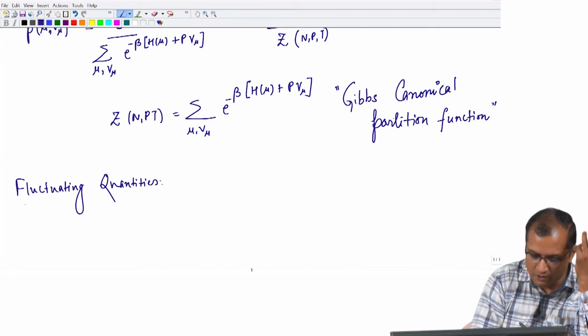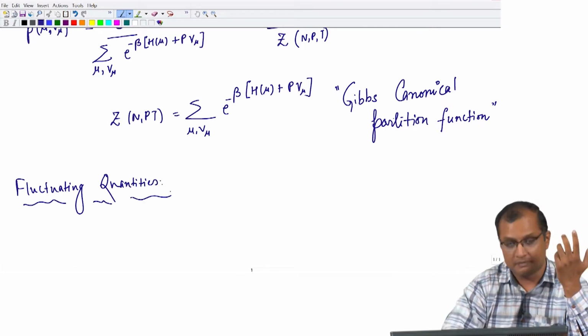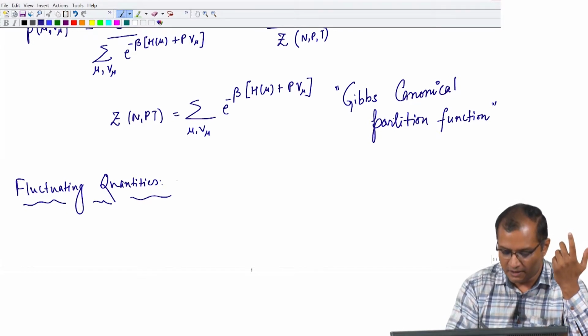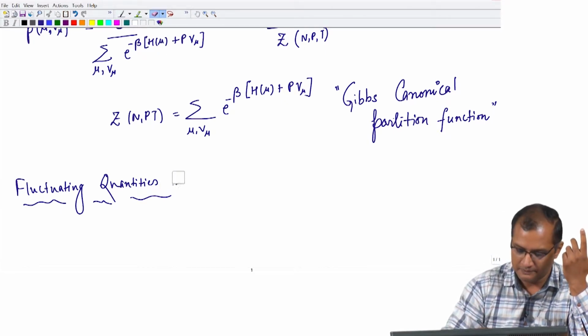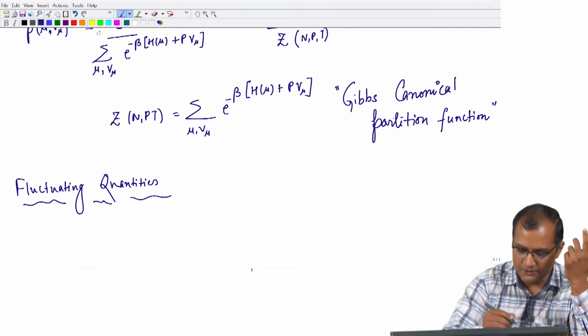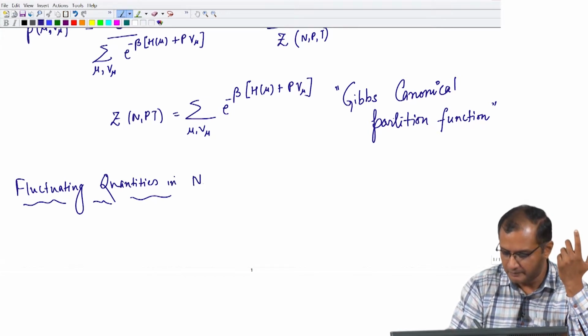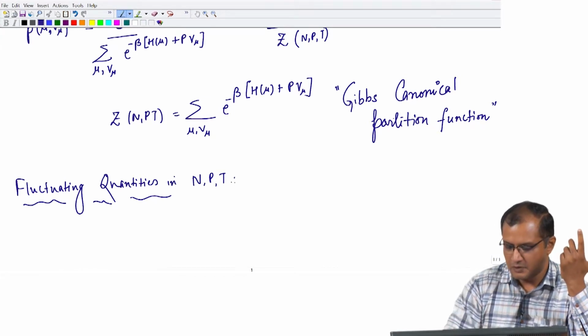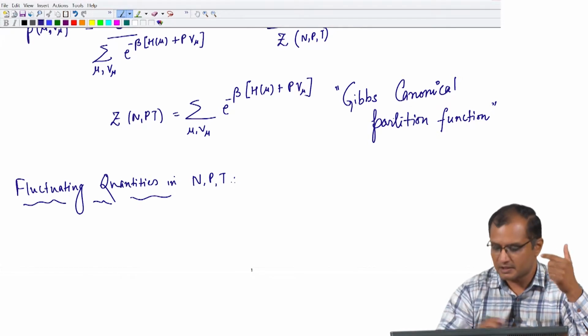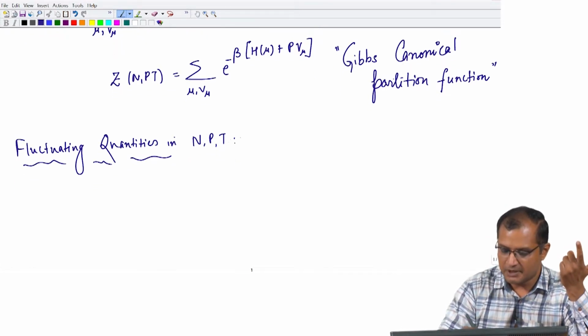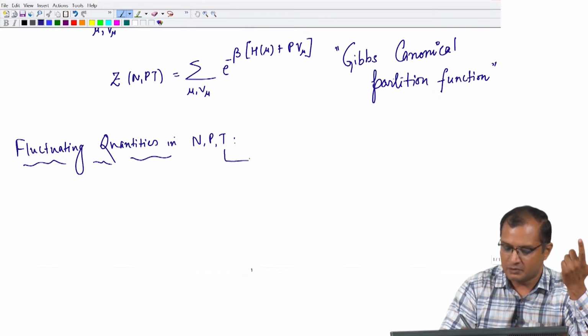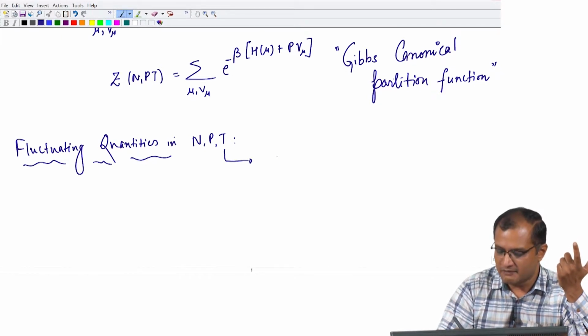What are the fluctuating quantities in this system? In our Gibbs canonical ensemble, to maintain this macrostate, I know there are two quantities that are fluctuating. To maintain temperature, I have to allow for energy fluctuations.